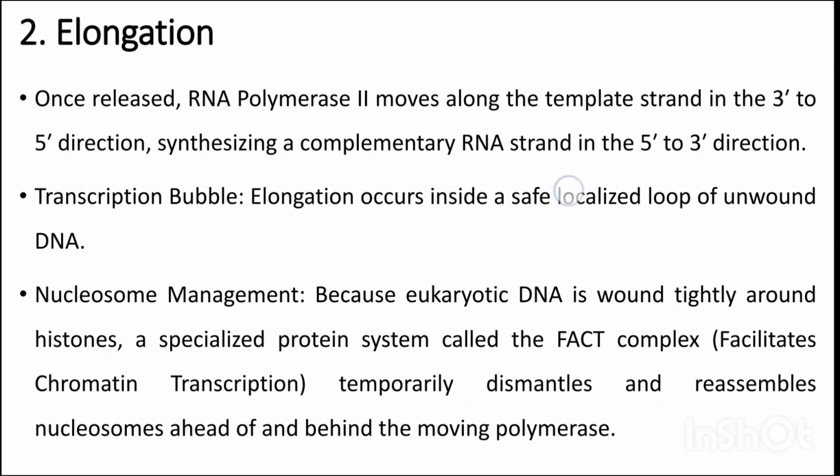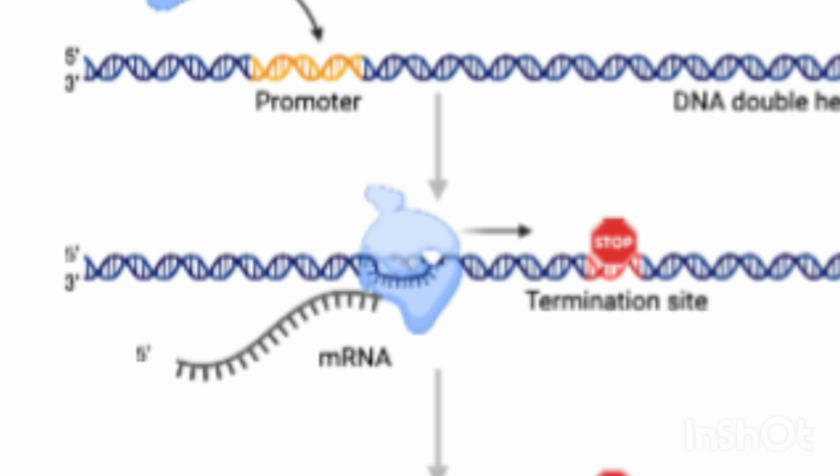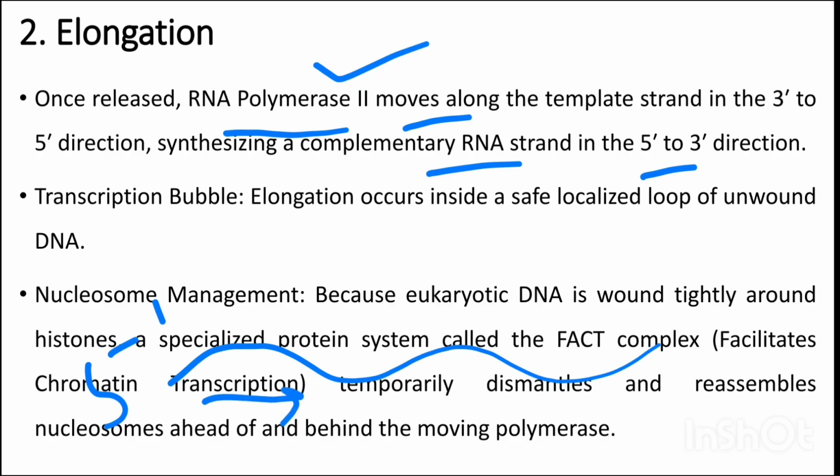Next, elongation. Once released, RNA polymerase 2 moves along the template strand in the 3' to 5' direction, synthesizing complementary RNA, the mRNA, in the 5' to 3' direction. So the newly synthesized mRNA has a 5' to 3' direction, and it is synthesized on the template strand which is in the 3' to 5' direction.